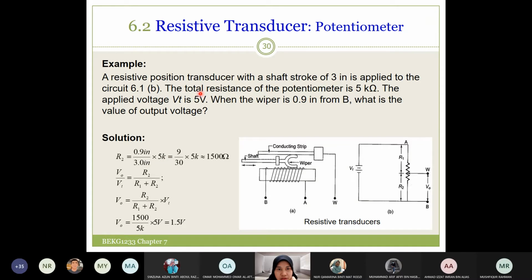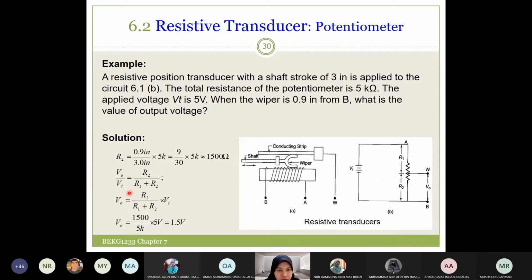Why 5K? Because it is the total resistance from A to B. So 0.9 divided by 3 multiplied by 5K gives 1.5K. So R2 is 1.5K.